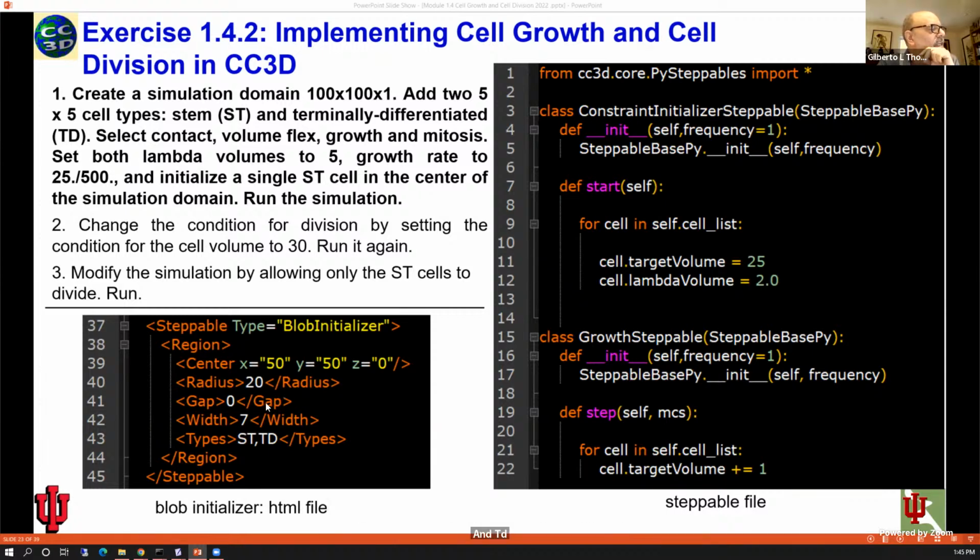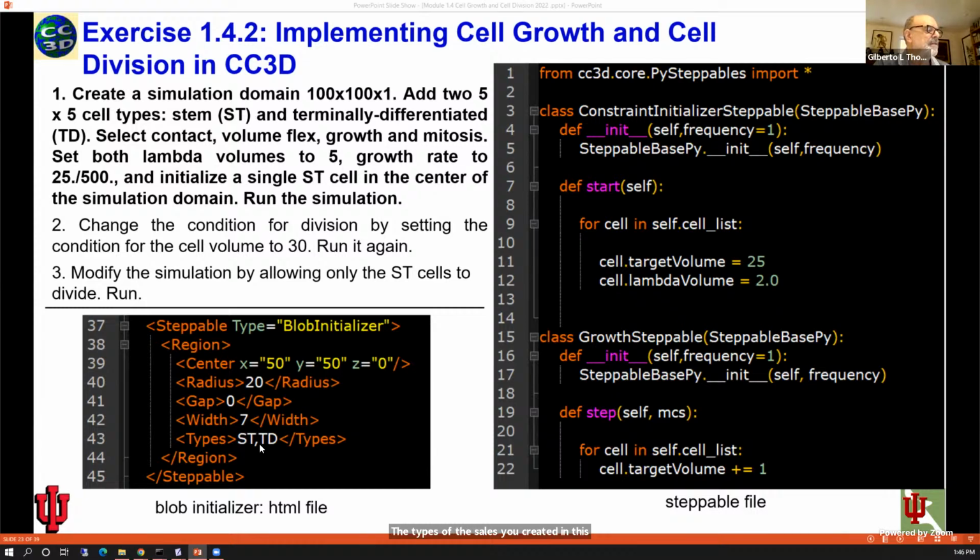In general, as a default, the radius of the blob is 20, and it always puts here the types of the cells you created in the simulation.